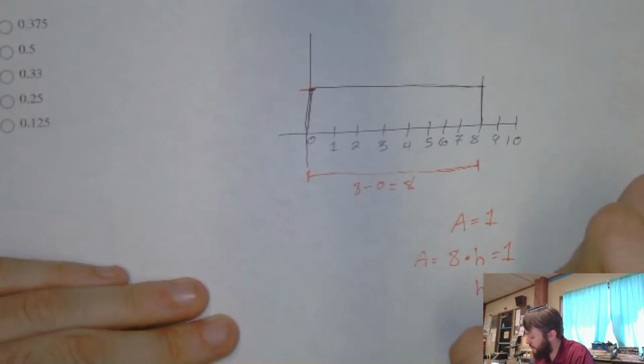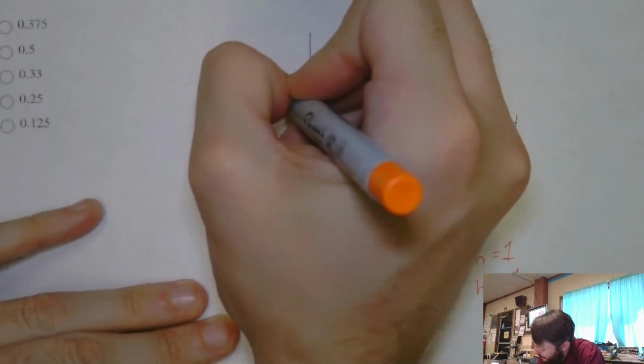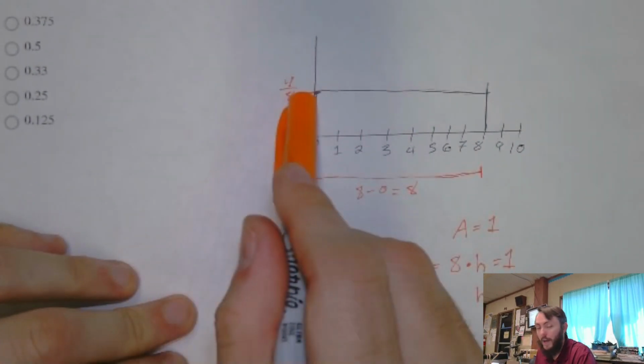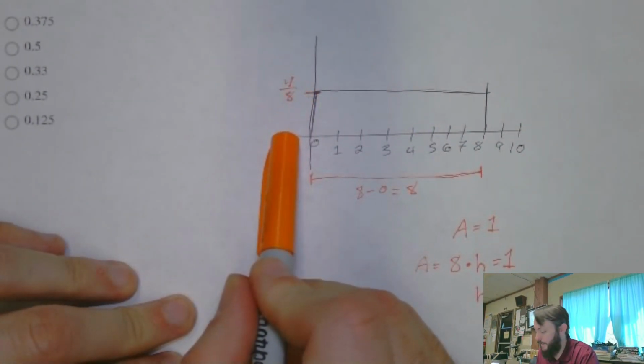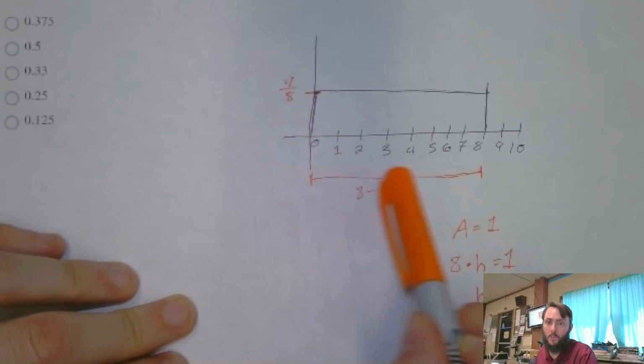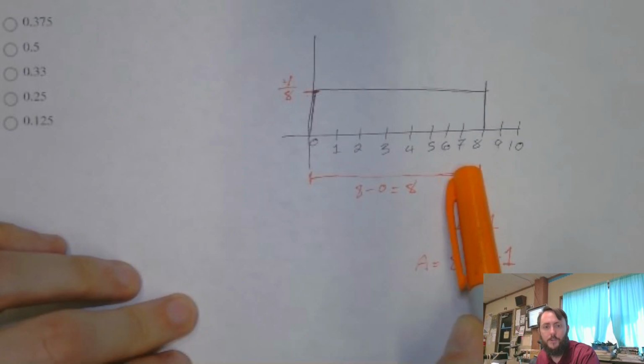Solve for h. That's just 1/8. A shortcut here is to remember that the height for uniform probability density is equal to 1 over the width of the entire distribution.